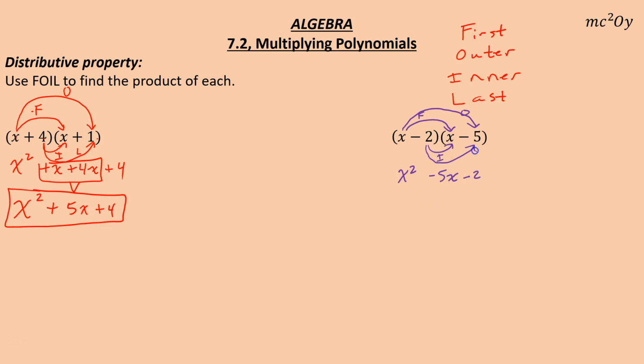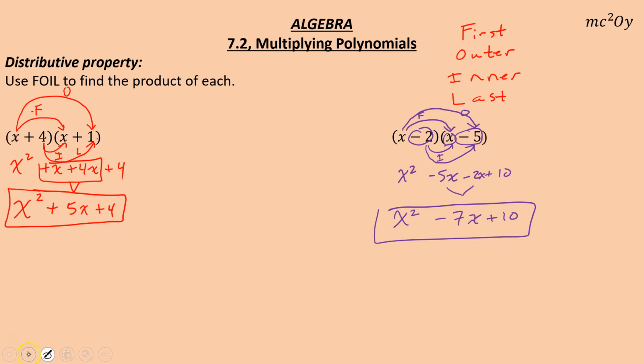And there's my last, positive 10. Now notice, negative 2 times x is negative 2x. Negative 2 times negative 5 is positive 10. Now when I put it together, I get x squared. Those two together is negative 7x, and plus 10. That is FOIL.